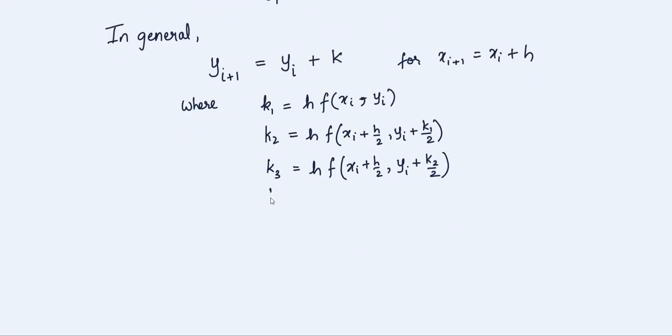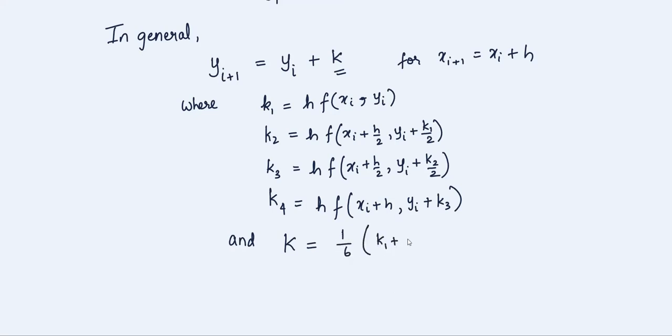This is the sequence. k4 is h times f of xi plus h, comma yi plus k3, and this k is 1 by 6 times k1 plus 2k2 plus 2k3 plus k4.